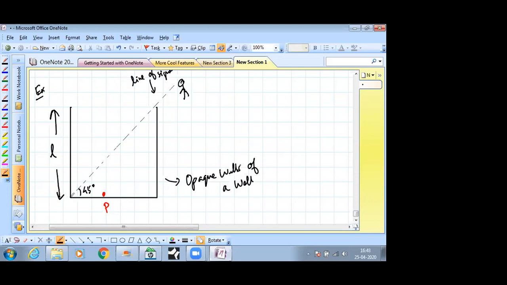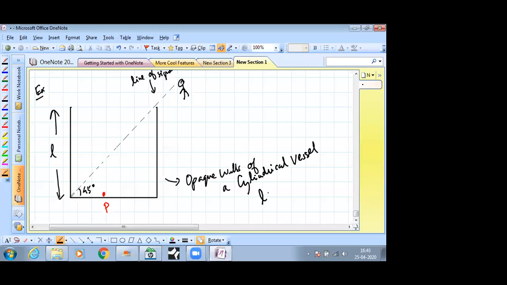Yeah, so this is question number 24. Okay. So it's a cylindrical vessel actually. So the diameter of the cylindrical vessel is equal to the length. Okay. So these are the opaque walls of a cylindrical vessel.